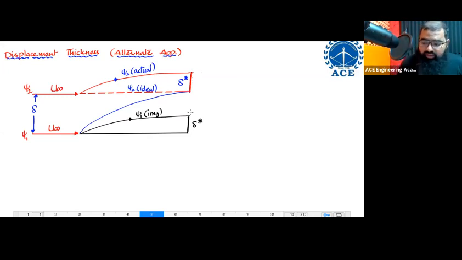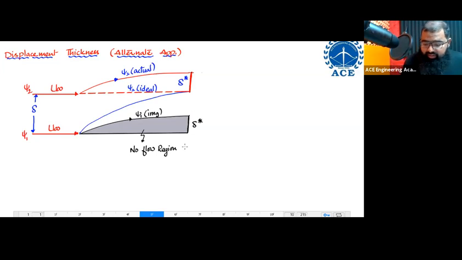Now I am going to imagine that in this particular region there is no flow taking place. This is the no flow region. Then what happens?